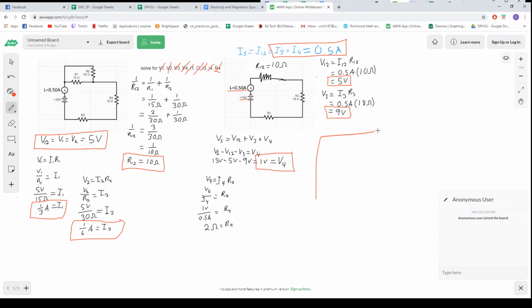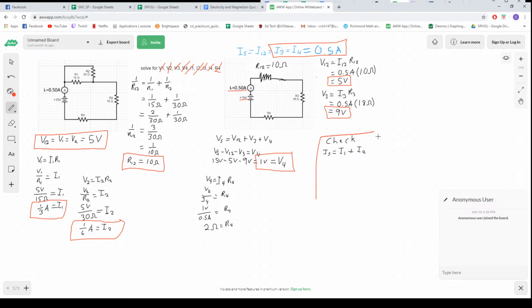So just scroll over here. So here I have my check. I should have that IS is equal to I1 plus I2.